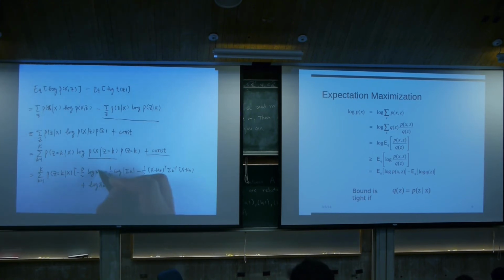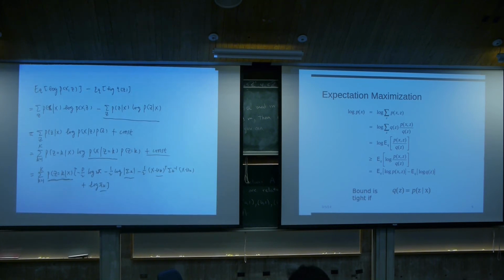It's 2 pi here. And this guy here is some numbers you estimated from the E step. So you can think of them as numbers. So this function is defined over sigma k, mu k, and pi k.